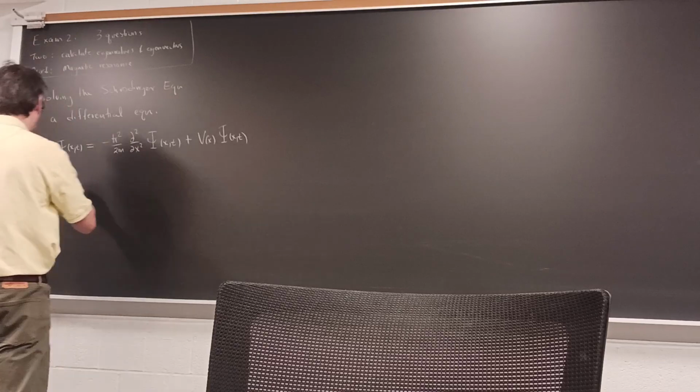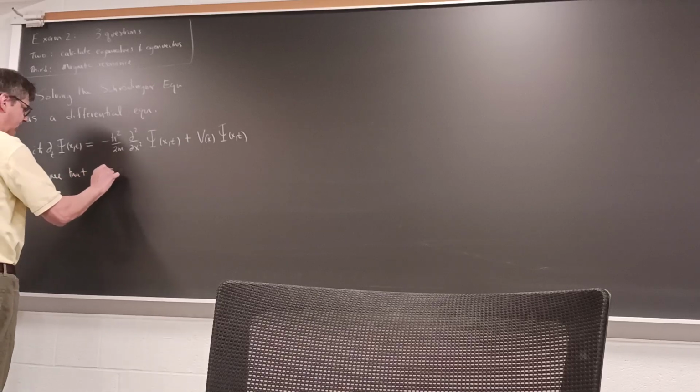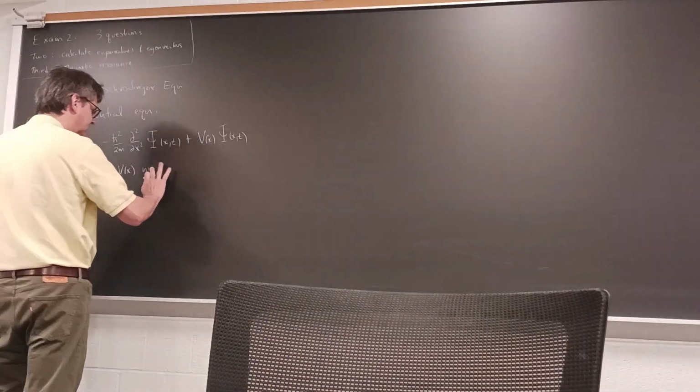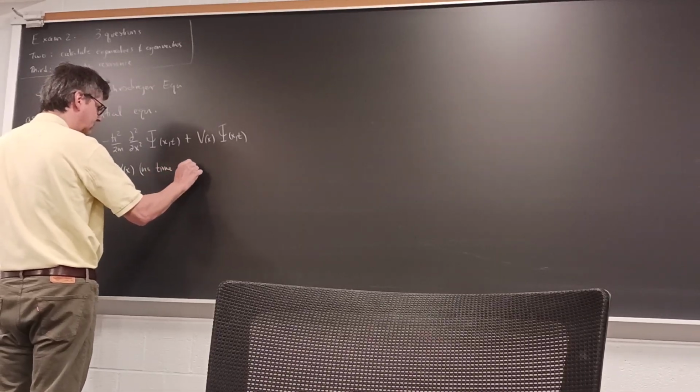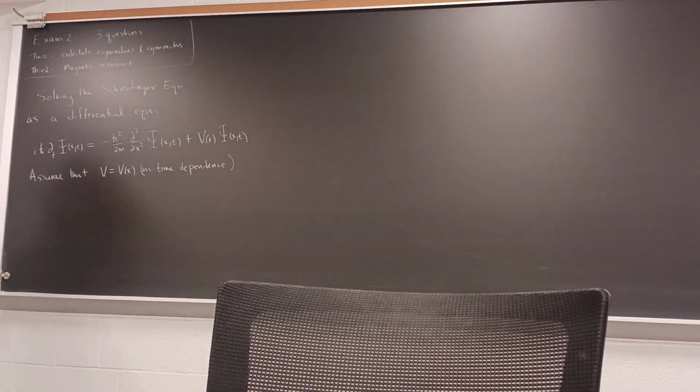Okay, so that's the Schrödinger equation. We can assume that v is a function of x. There's no time dependence to the potential.